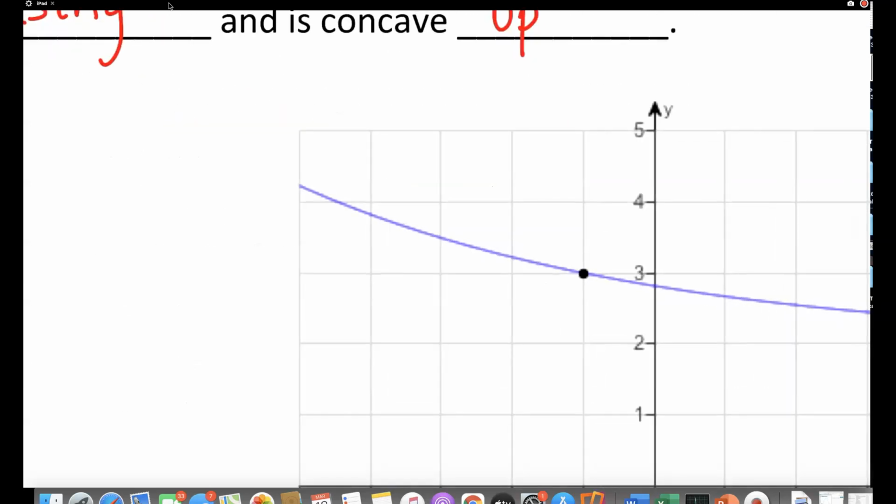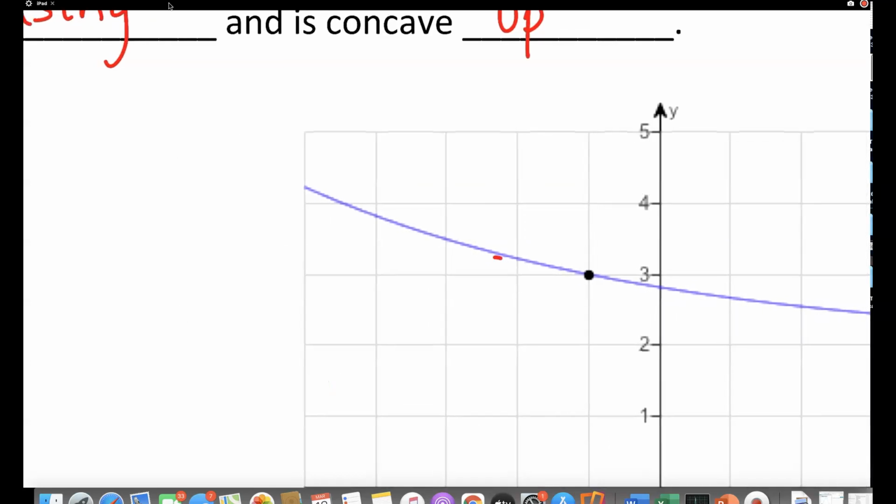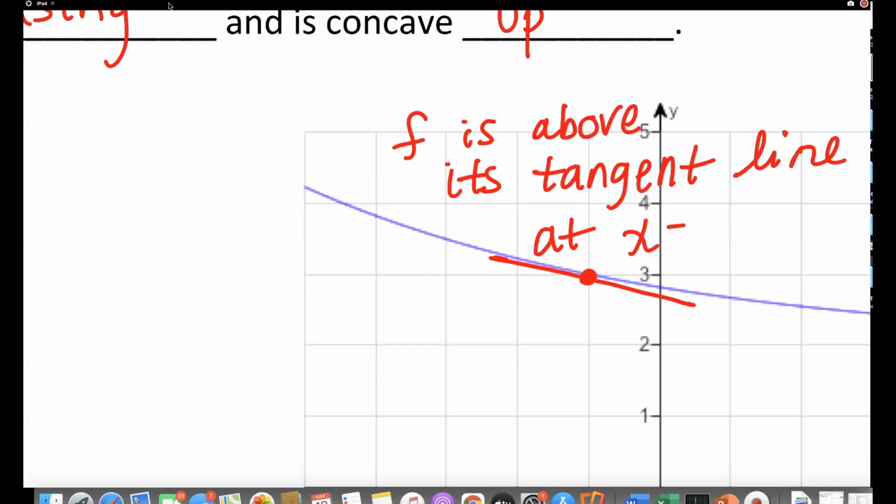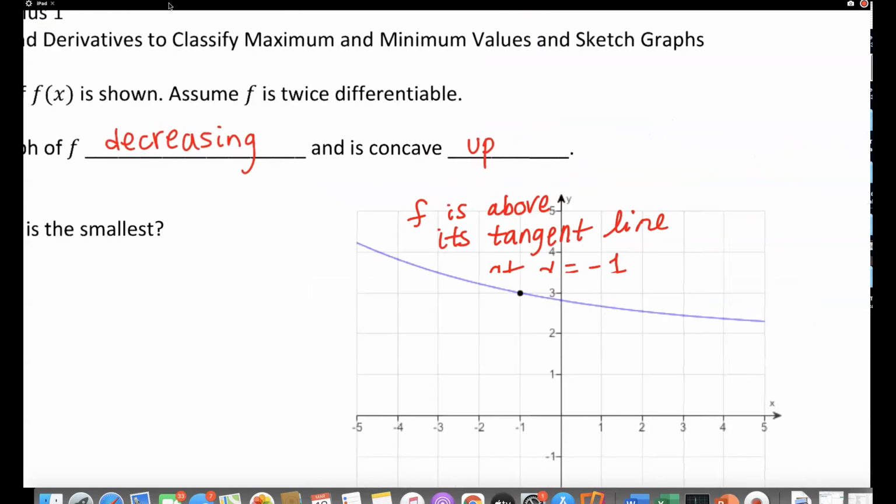The tangent line will be below the curve. In other words, f is above its tangent line at x equals -1. Therefore, it is concave up.